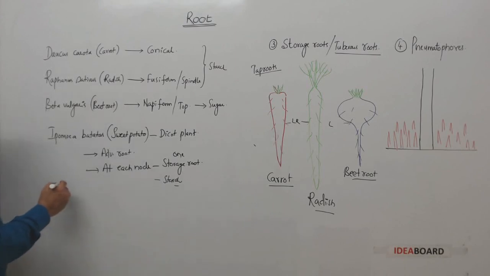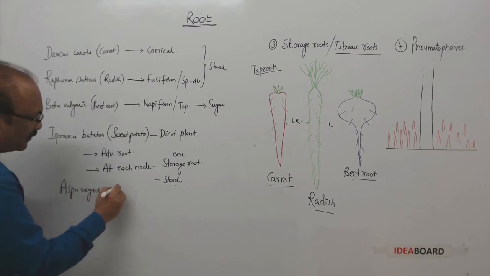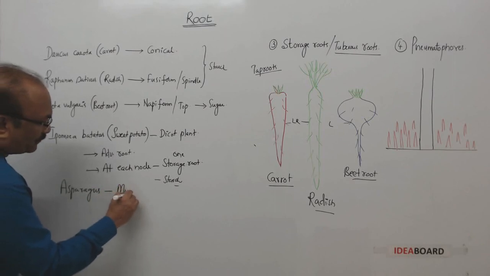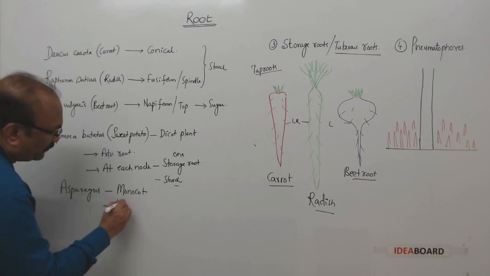And of course, we have some other plants like asparagus. Asparagus is a monocot plant and belongs to the Liliaceae family.